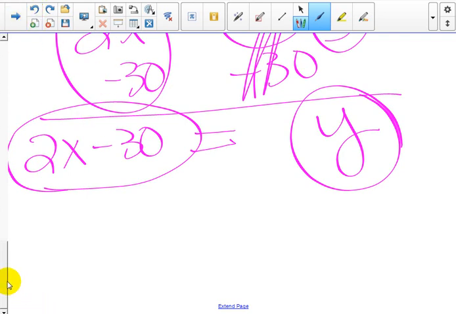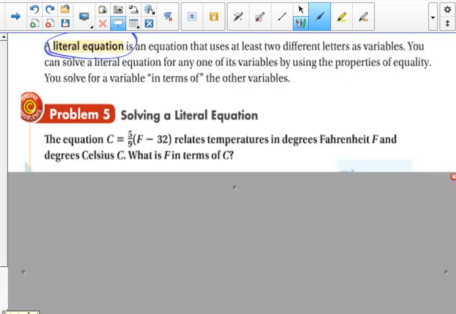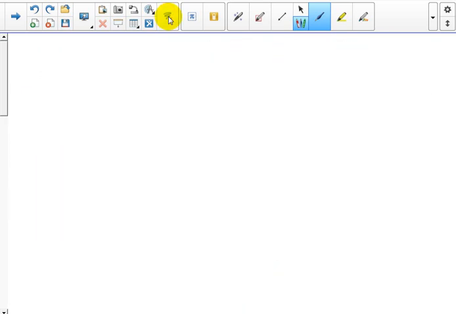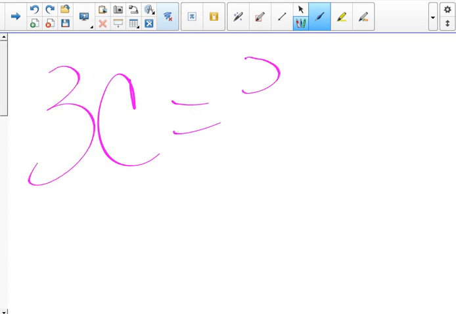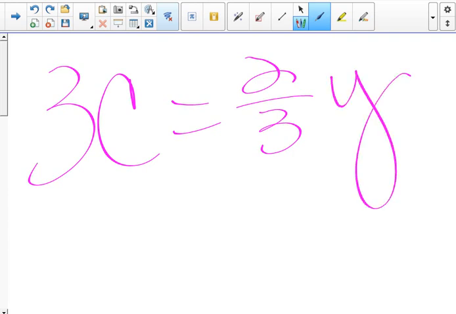So the example they gave us, and I'm not going to go through them because I took so much time on that, they gave us the conversion formula for centigrade to Fahrenheit. So it was just a little bit harder. But there's one thing I want to point out. If they do give you a fraction, like c equals, let's say 3c equals 2/3 y. That's not what it is.